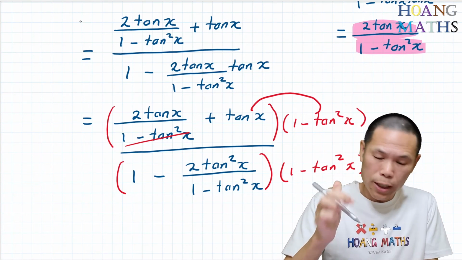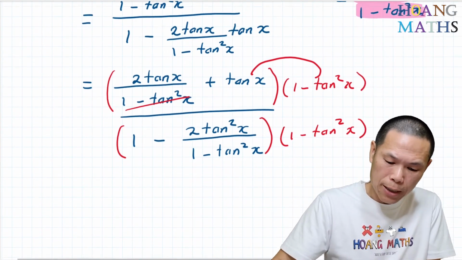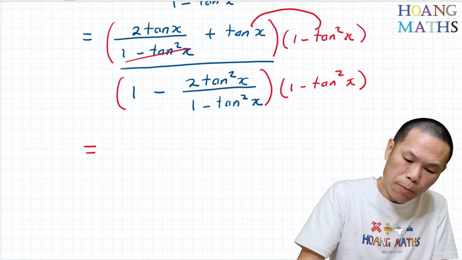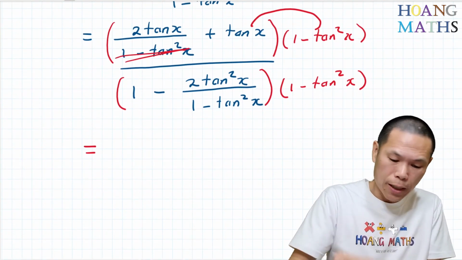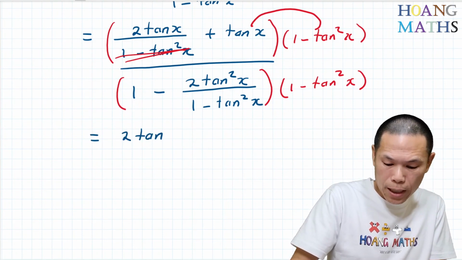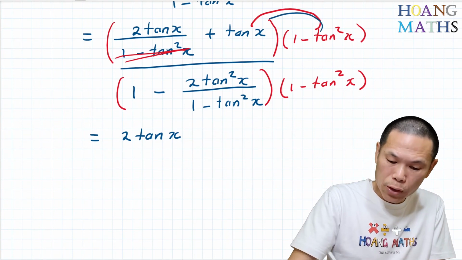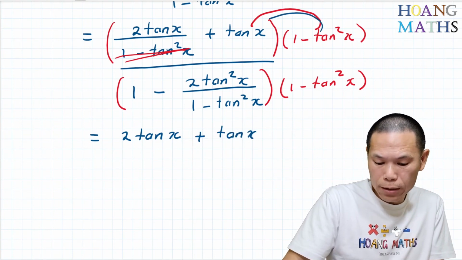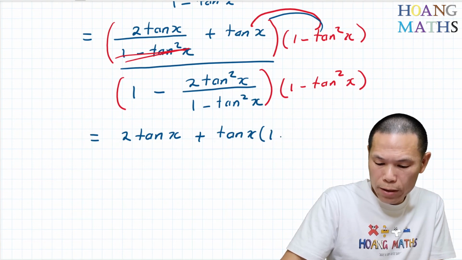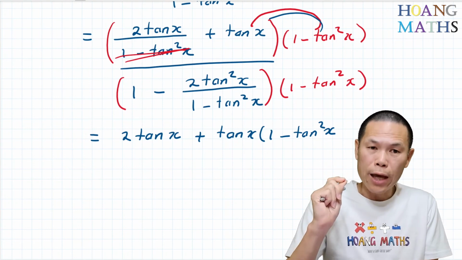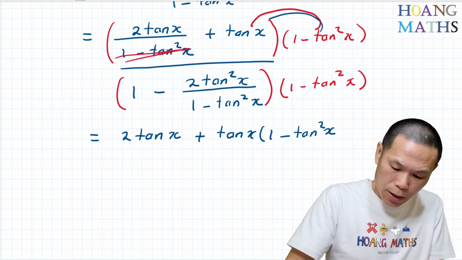So the numerator is exactly the same as this. Let me just write this down. Because this term, it cancels out when I times it in. So that will give me 2 tan of x. And this times together, I just write it out. So plus tan of x brackets 1 minus tan square of x. So there you go. That is the numerator.